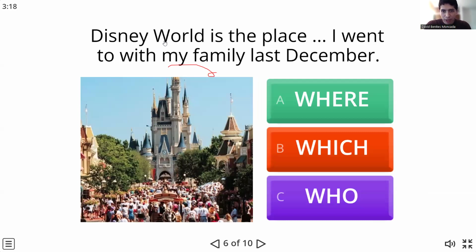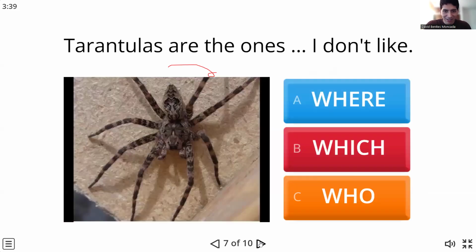En español es un poco confuso porque tú dirías, Disney World es el lugar al cual yo fui o donde yo fui. Pero en inglés es más fácil porque te dice Disney World is the place where, porque te refieres al lugar.